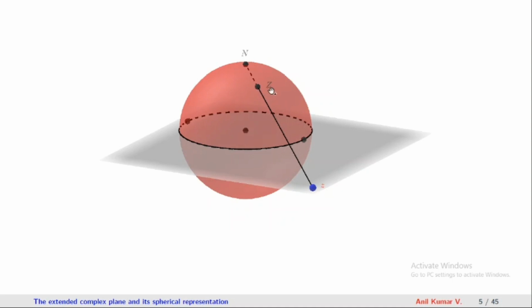That unique point is denoted by capital Z, and this point is called the spherical image of the point z. Here z is equal to x plus iy is a point on the complex plane, and capital Z is the point of intersection of the sphere and the line passing through N and z.